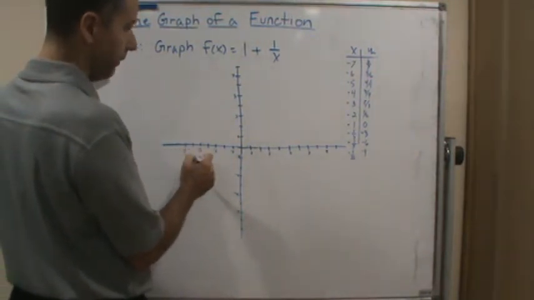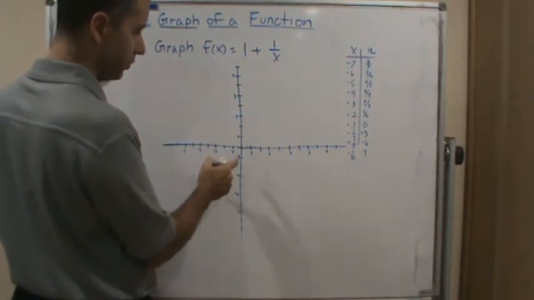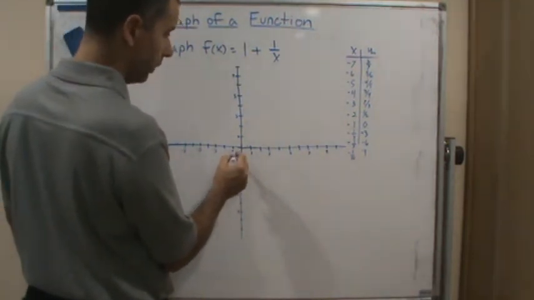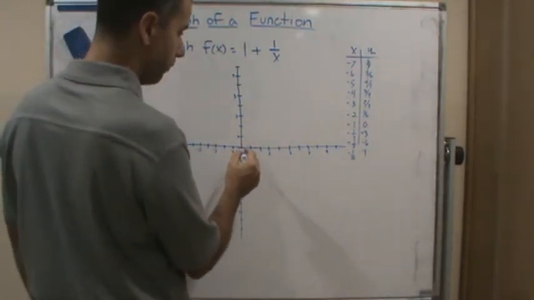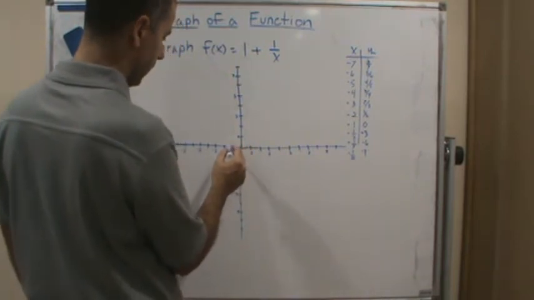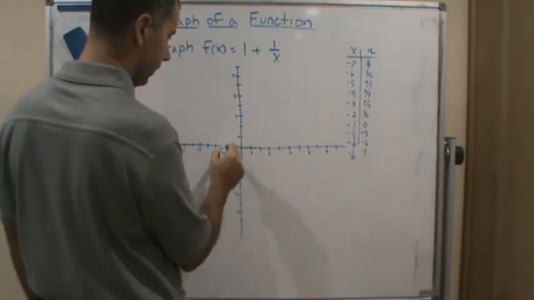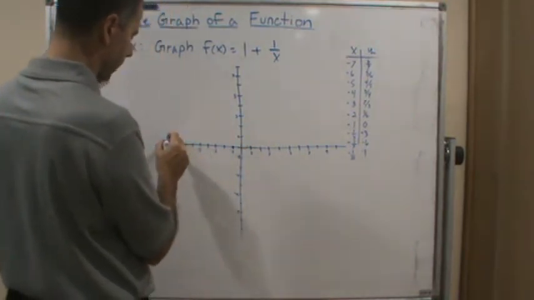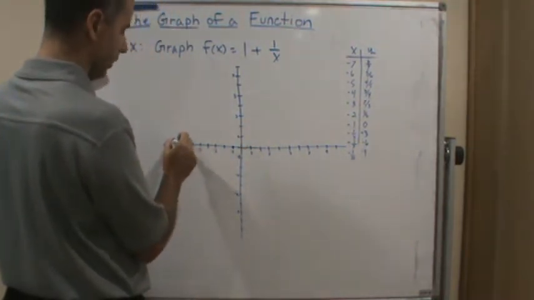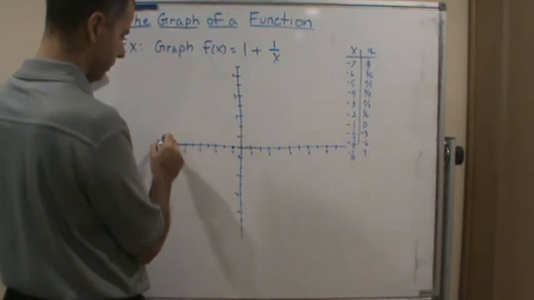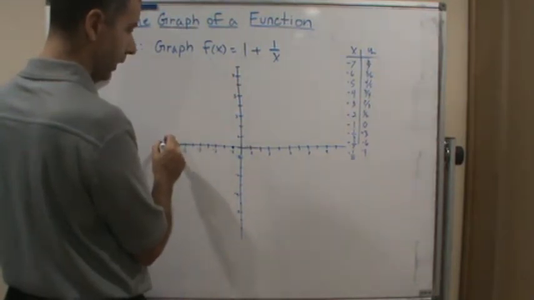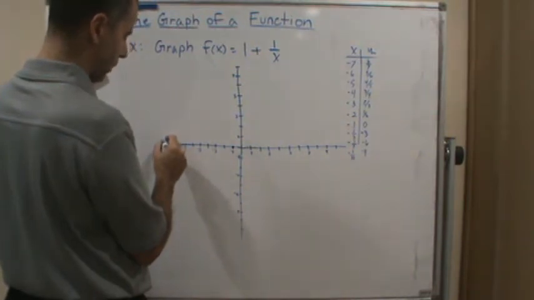And then as we get closer, it's going to go through negative 1, 0. So it starts off above the x-axis here, and the fractions are getting smaller.